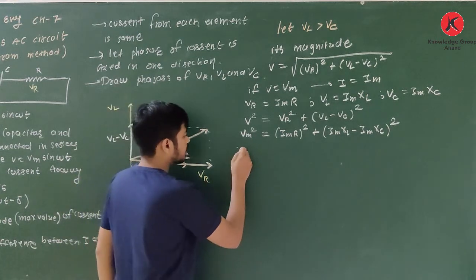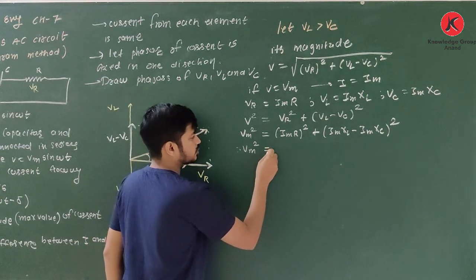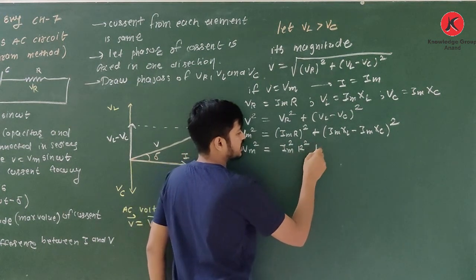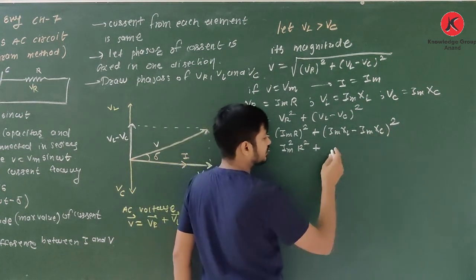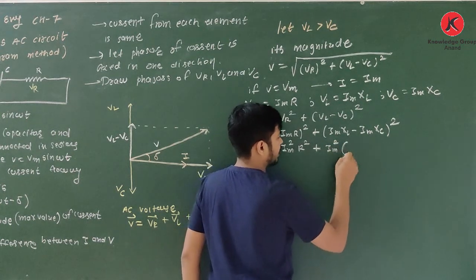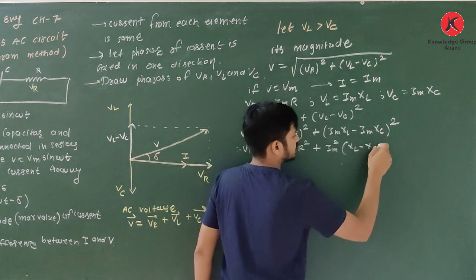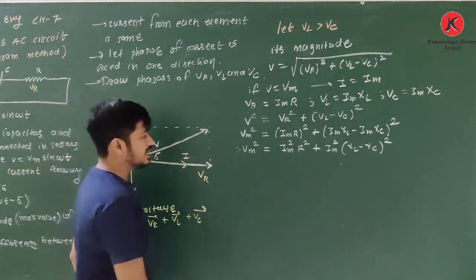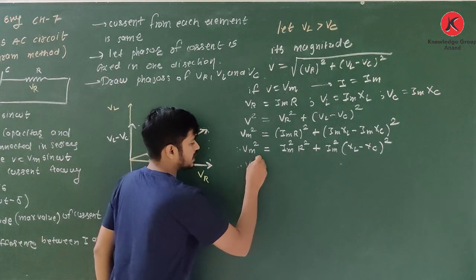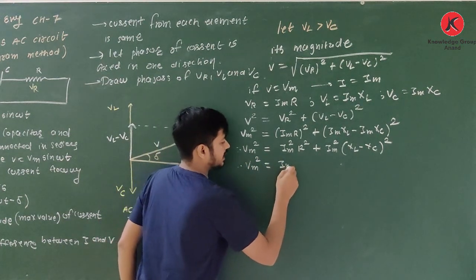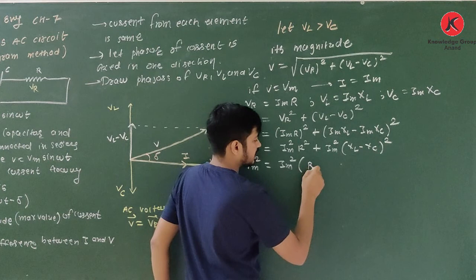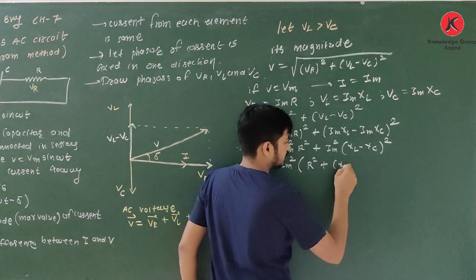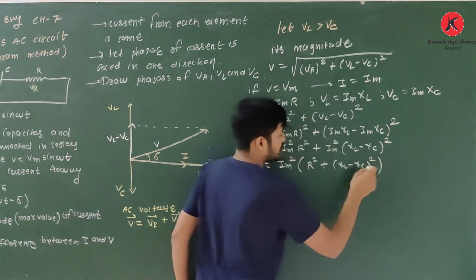Therefore Vm square is equal to Im square R square plus Im square XL minus XC whole square. Taking Im square as common, Vm square is equal to Im square times R square plus XL minus XC whole square.